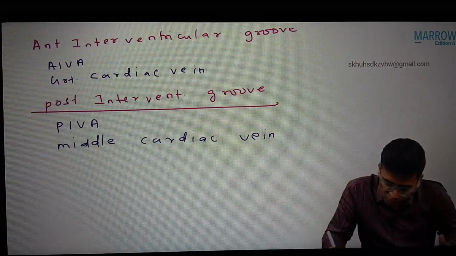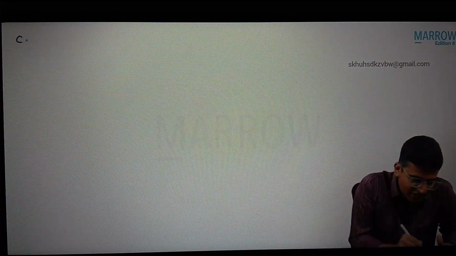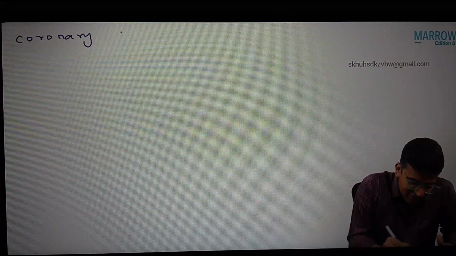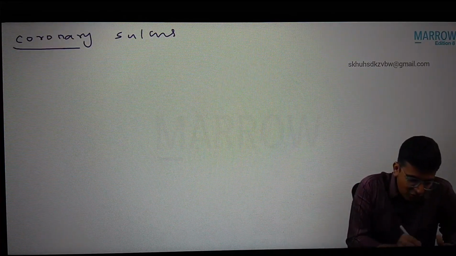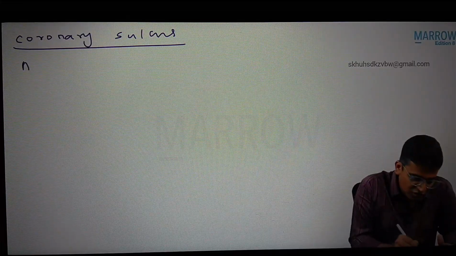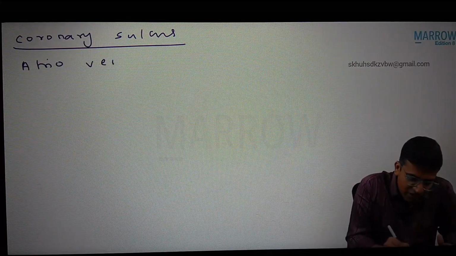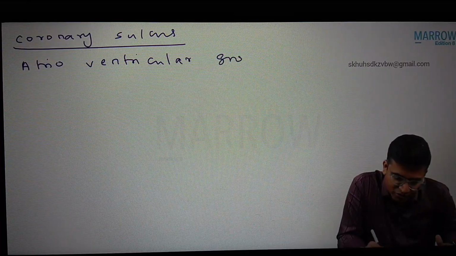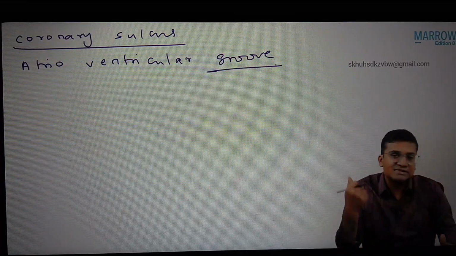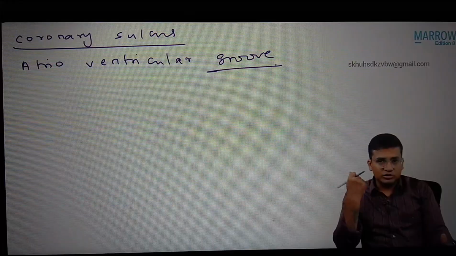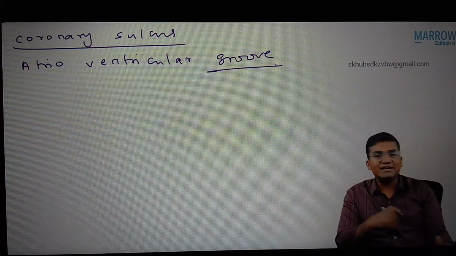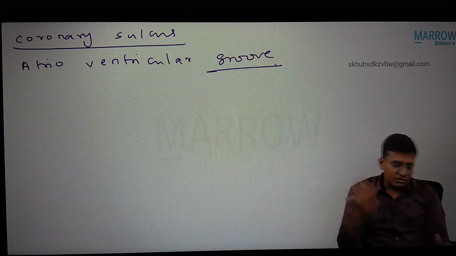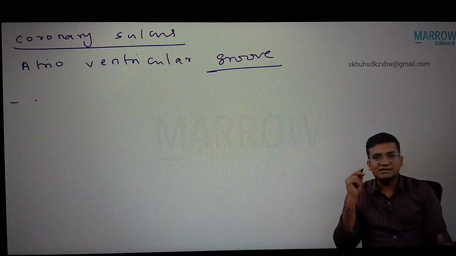Right. Now, one more groove or sulcus we have. That is the coronary sulcus. The coronary sulcus is also called the atrioventricular groove. Again, in the name itself you have a clue. It is a sulcus or groove present between the atrium and ventricles. What is the structure present in the coronary sulcus?